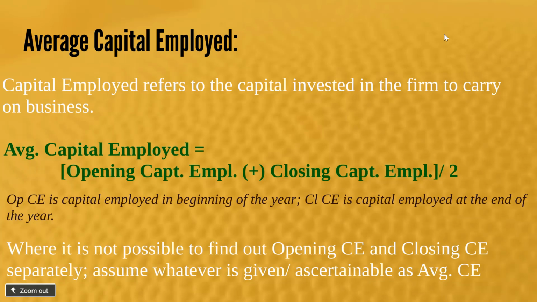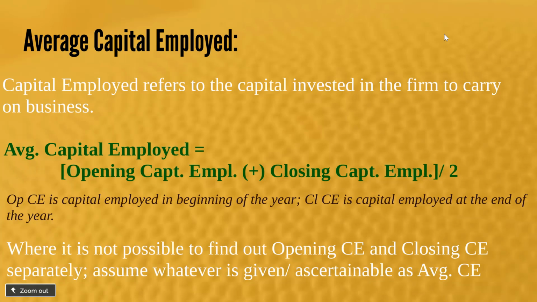Average capital employed is equal to the capital employed at the beginning of the year plus the capital employed at the close of the year divided by 2. So the capital invested in the firm at the beginning of the year plus the capital invested in the firm at the end of the year.